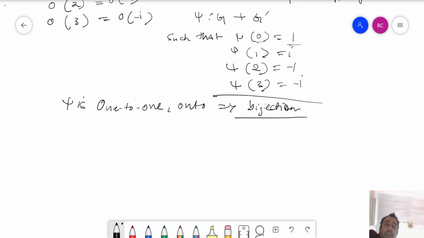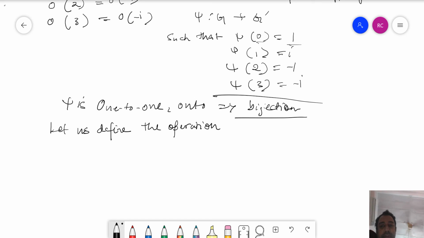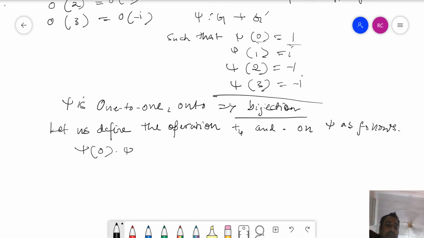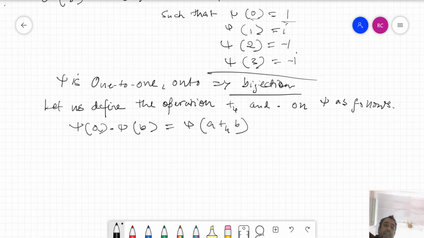What is left to be proved is that phi is a homomorphism. Let us define the operation plus and dot on phi as follows: phi a dot phi b would be phi of a plus modulo 4 b. Now let us see if this creates a homomorphism.